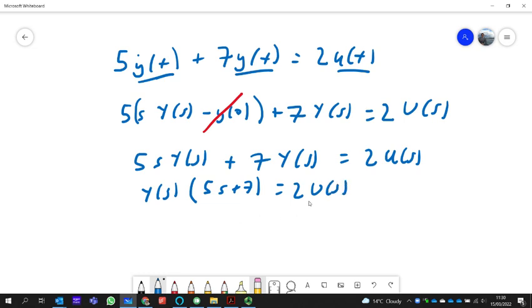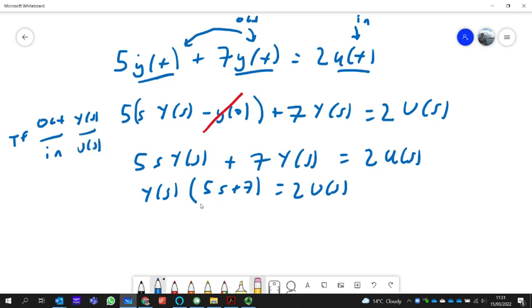Now we want it in the form output over input, because that's what our transfer function is. Now u is our input, and y of t, these two are our output. So in other words, we want to have y of s over u of s. Okay, so we can get it in this form now. So how do we do that?